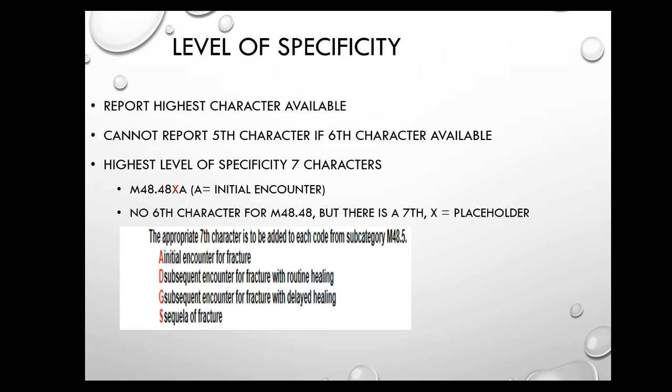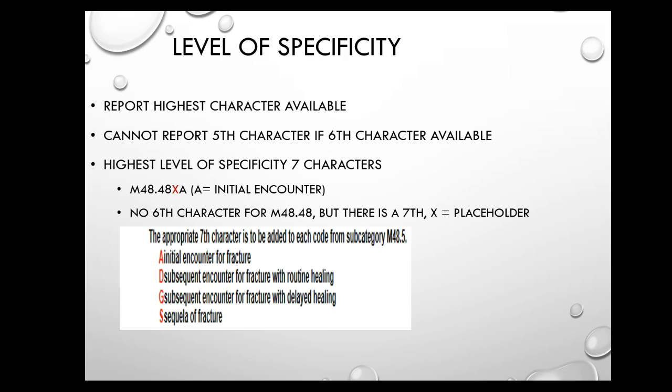There's a 7th character of A at the end to represent the initial encounter. As we see in the example underneath, there is an appropriate 7th character to be added to this particular subcategory code of M48.5.